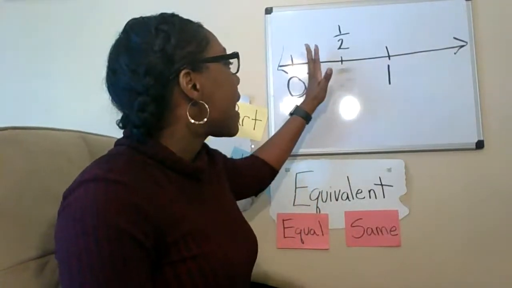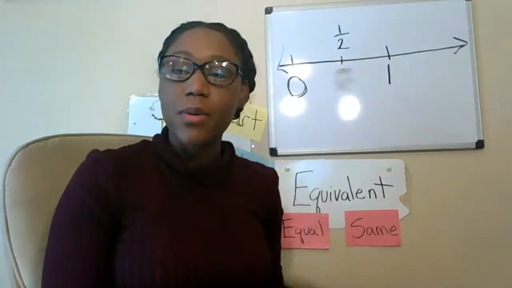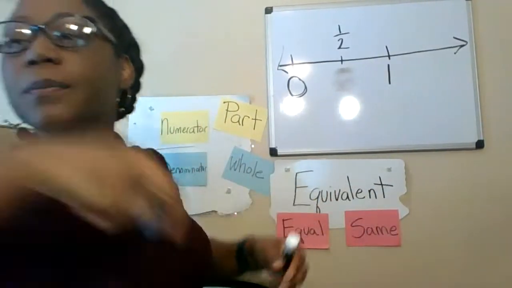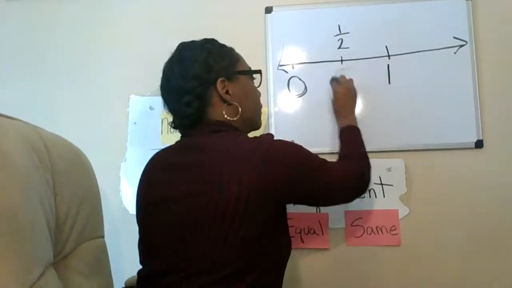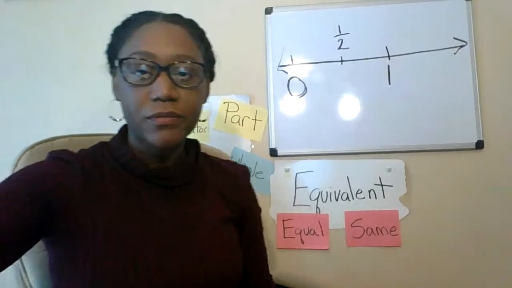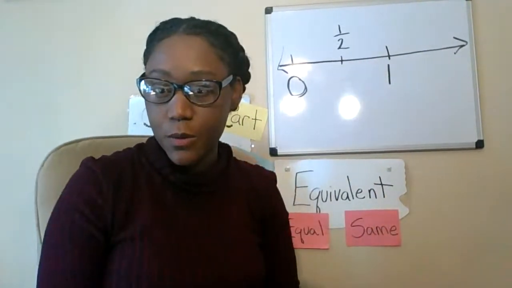So, how should I partition the number line from 0 to 1? How many parts should I break this into between 0 and 1?